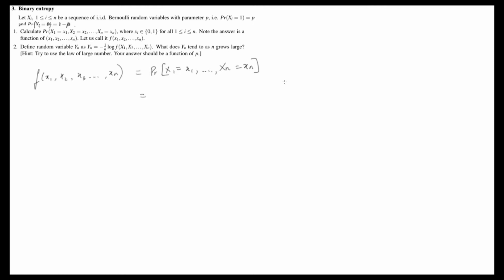Since each and every random variable is independent of each other, we can split this, erase off that stuff, and say probability that X1 is equal to x1, times, because they're independent, probability that X2 is equal to x2, all the way to times probability of Xn is equal to small xn.